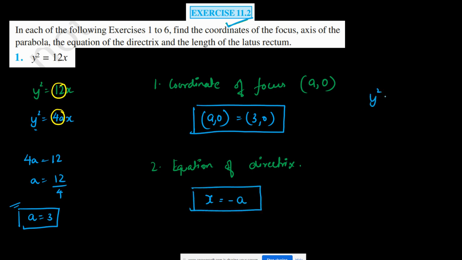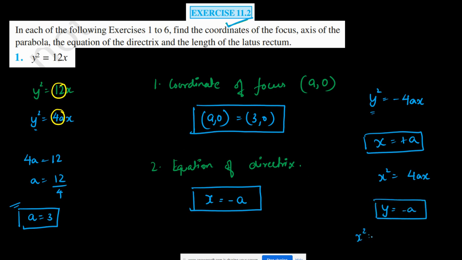If I have y squared is equal to minus 4ax, then the equation of the directrix is going to be x with a positive value. If I have x squared is equal to 4ax, then it is going to be y is equal to minus a, and if it is x squared is equal to minus 4ax, the equation of the directrix is going to be y is equal to a. So these are the equations of the directrix.